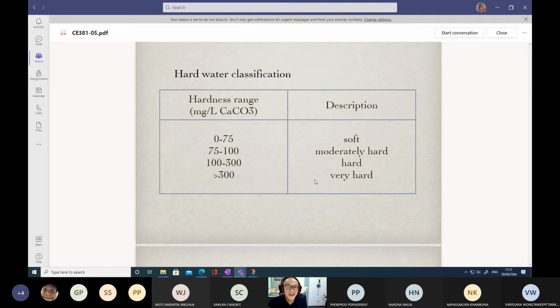That is why the hardness is the only parameter we are not aiming to remove 100%, because the removal of the hardness 100% is not possible. So the hardness should be in a moderately hard range, ranging from 75 to about 100 milligrams per liter as calcium carbonate.